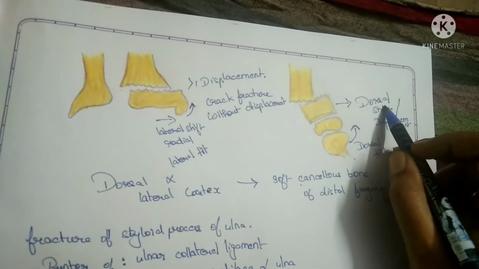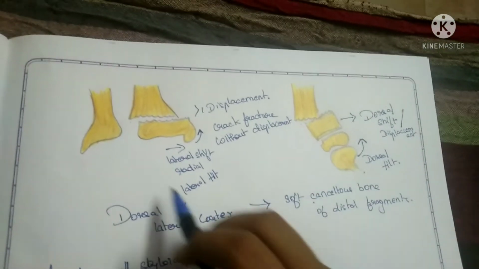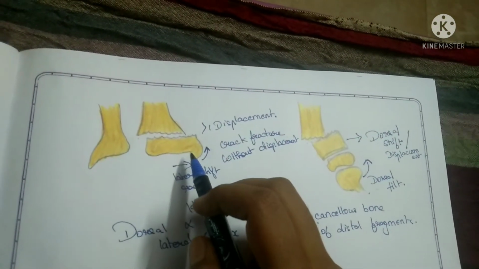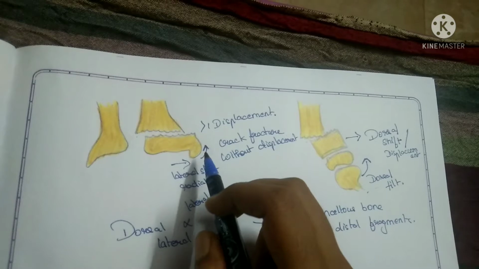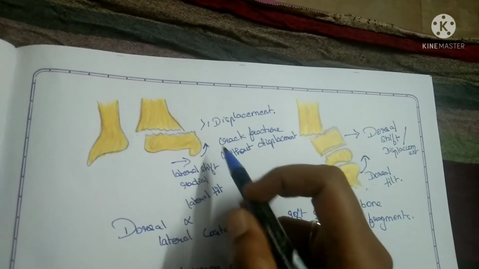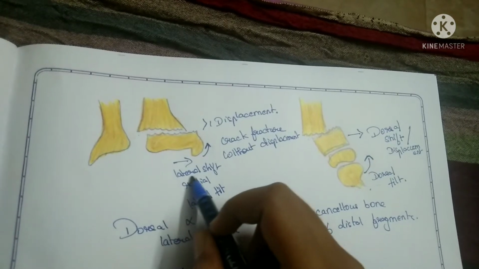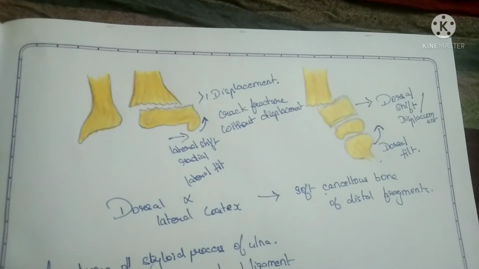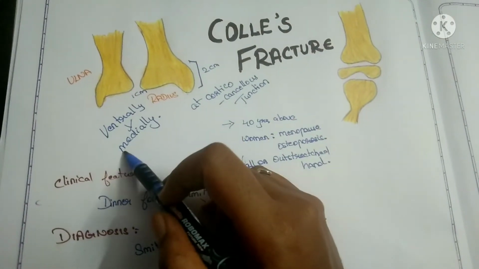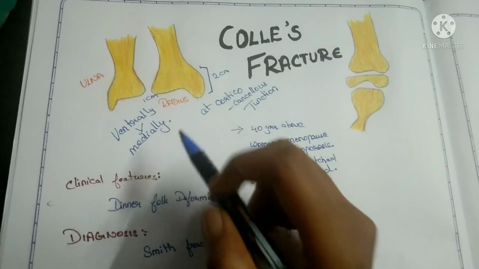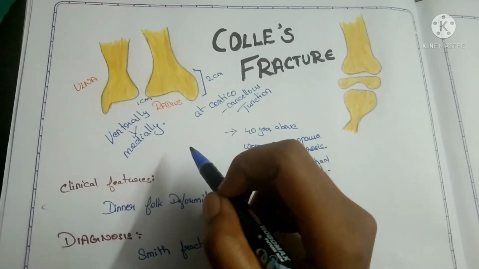And in the anteroposterior view of an X-ray, it faces laterally, whereas usually it has to face medially. So in Colles fracture, instead of facing ventrally and medially, it faces dorsally and laterally.